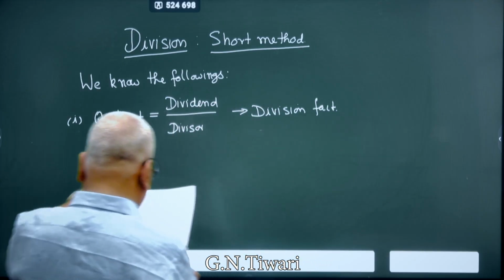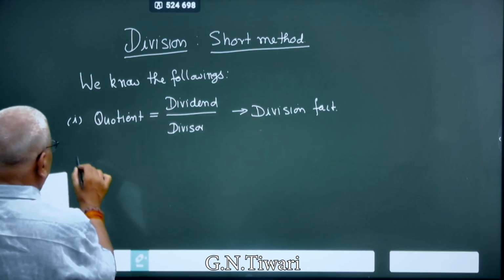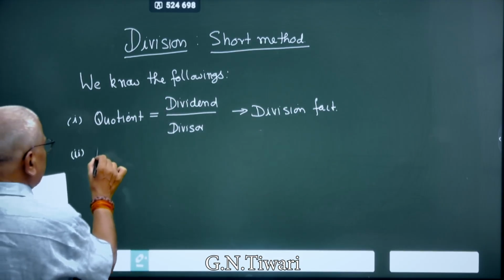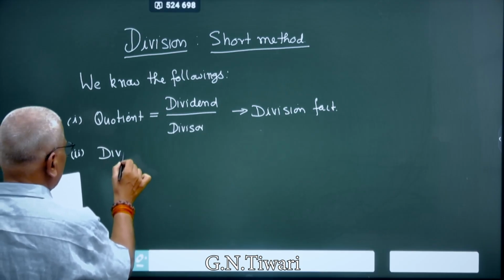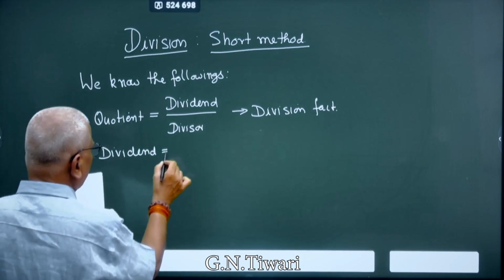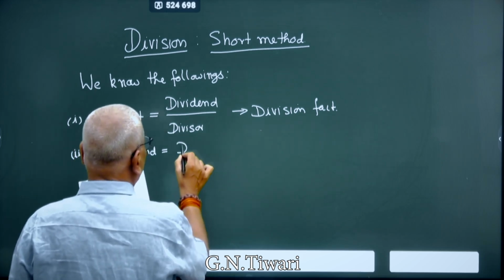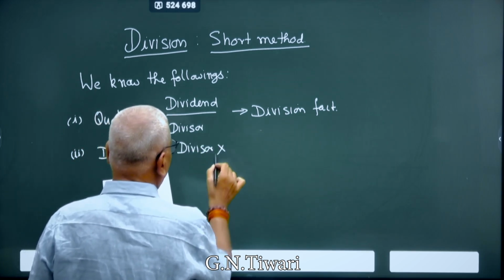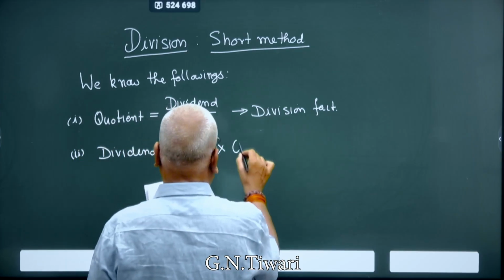But if this is written as second, dividend is equal to divisor into quotient.